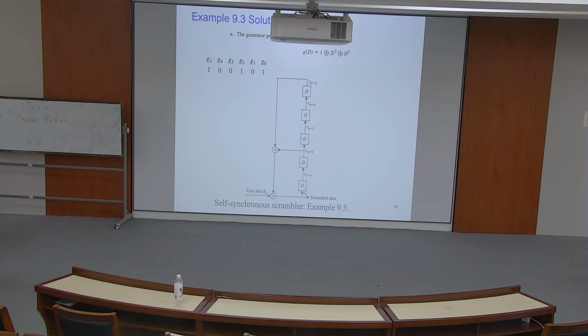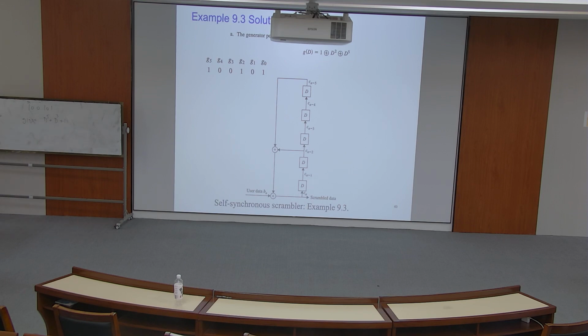So here is the self-synchronous scrambler example. We want to implement this, the taps at 5, 3, and 1. That's how we build it. So here you have user data, and then you have the scrambled data.